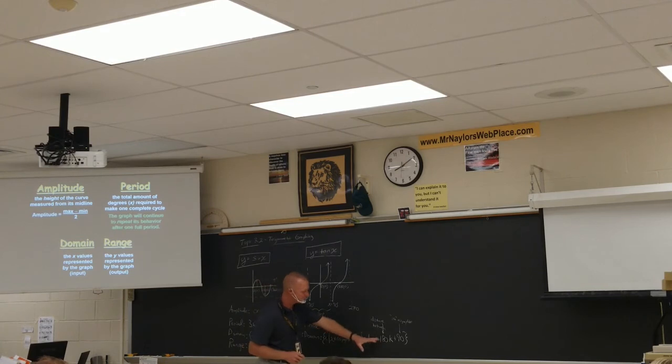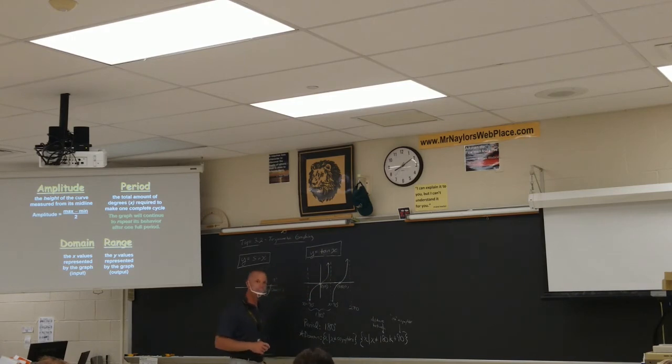So 180 is the distance between the asymptotes, and 90 is the first asymptote. That'll help you to modify this formula for the next problem, which is the range of this thing. And then I'm going to give you guys the next problem.